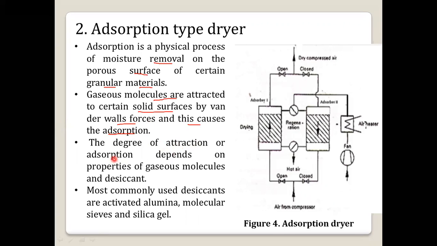The degree of attraction depends on the properties of the gas molecules and the desiccant. The moisture comes and gets attached to the desiccant. Most commonly, desiccants are molecular sieves and silica gels.